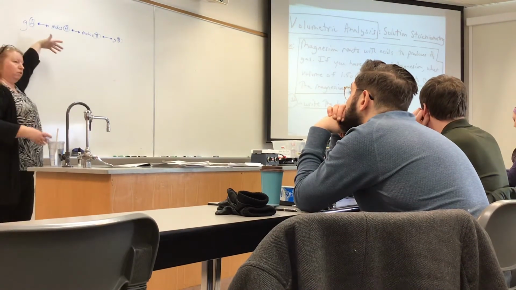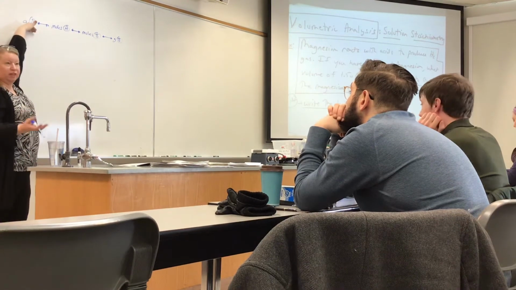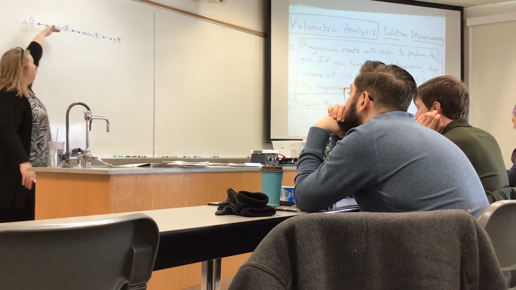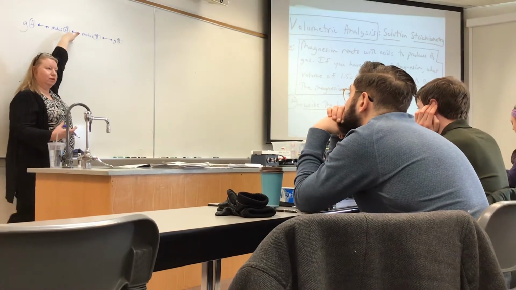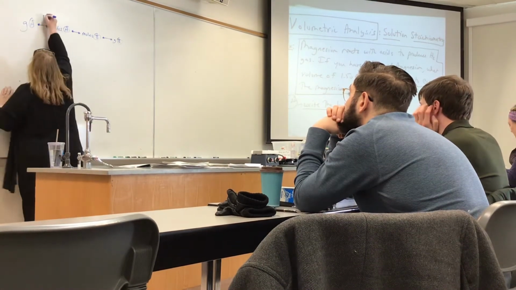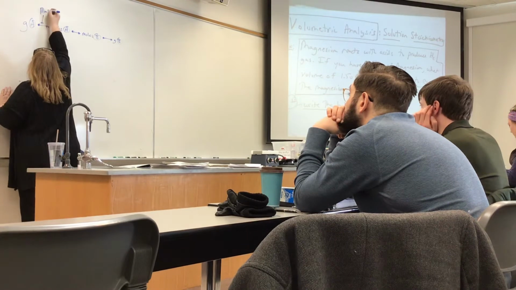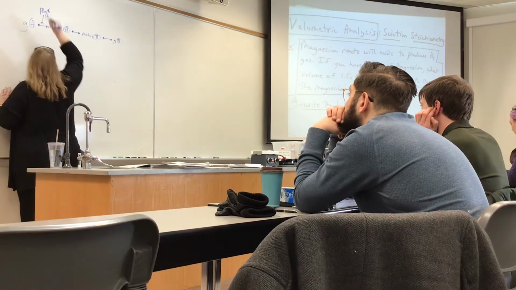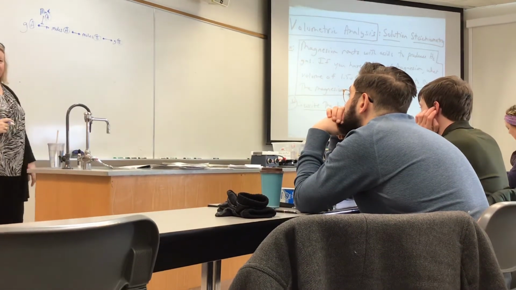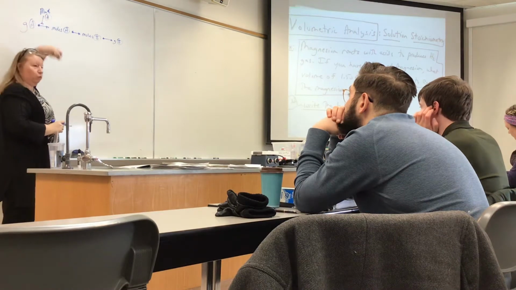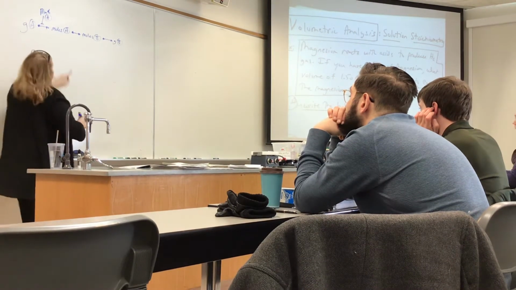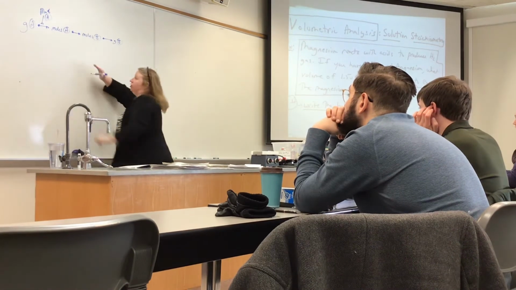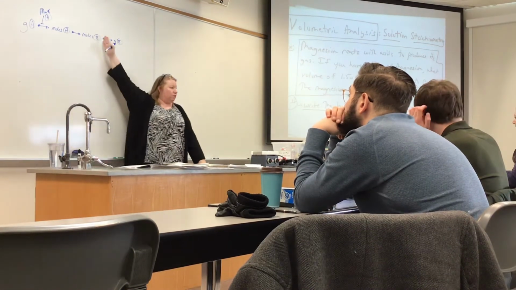If you have a balanced chemical equation and you know the mass of substance A, a reactant or a product, you can figure out the moles of substance A using what conversion factor? Molar mass of A, of course. I'm using capital M, little m for molar mass. So capital M by itself is molarity, right? If I have a balanced equation to go from moles of substance A to moles of substance B, how do I do that?